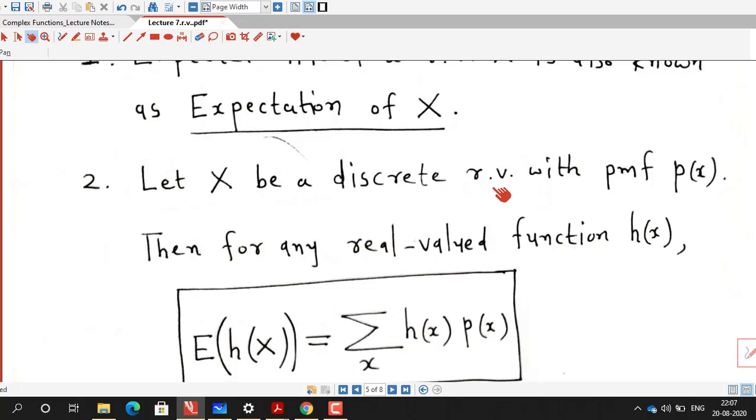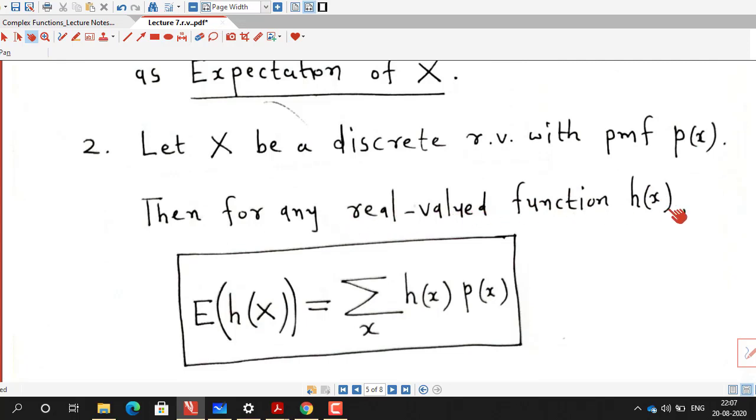Now suppose X is a discrete random variable with probability mass function p of x. Then for any real valued function h(x), if we want to find the expected value of h of capital X, it is given by summation h(x) into p(x).